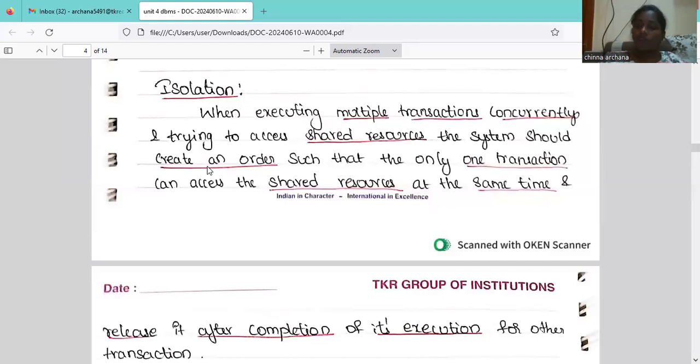The meaning of concurrently is, for example, in real time, we take one app, and that application is used by multiple users. So the single application has to serve multiple users at the same time. In the same way, the database has to serve multiple transactions at the same time.